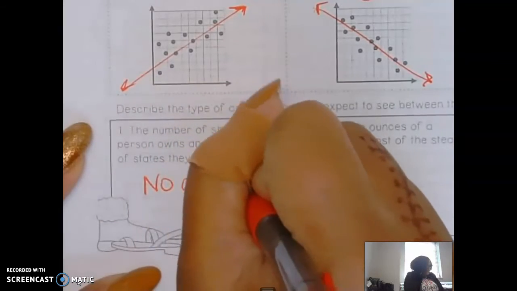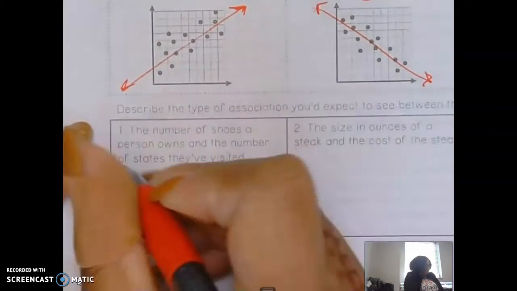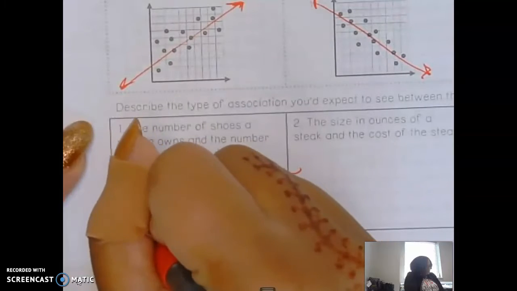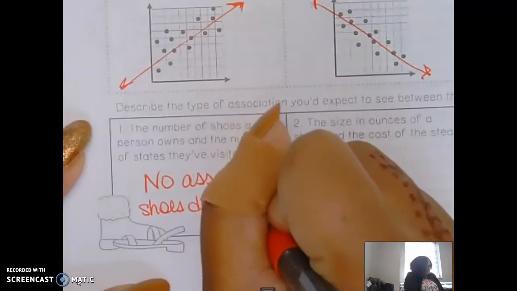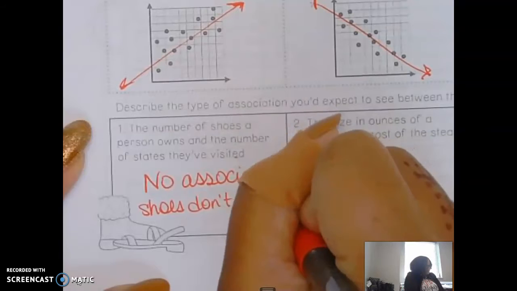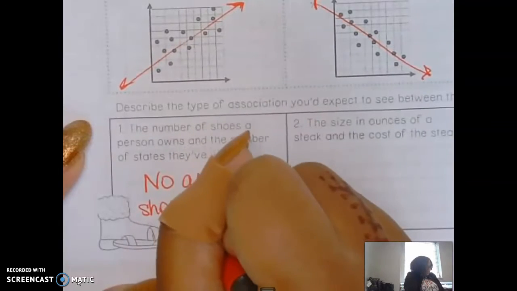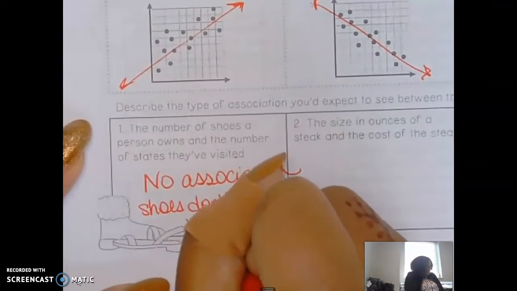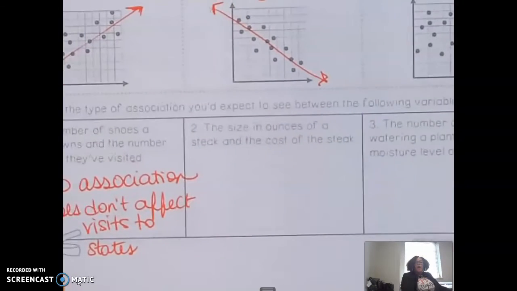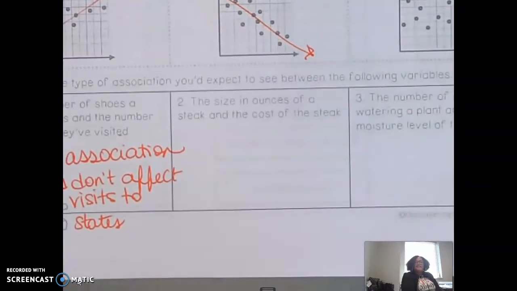No association. Shoes don't affect visits to states. Weirdly as that sounds.